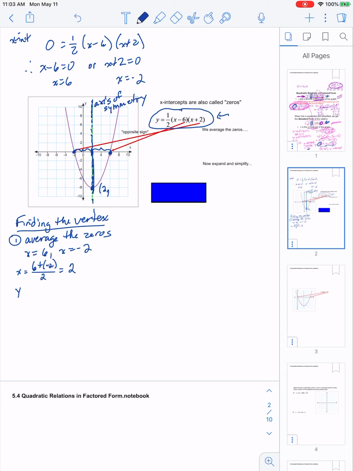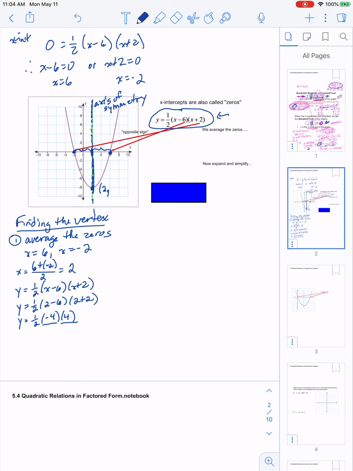So since the equation is y equals 1/2 (x minus 6)(x plus 2), y equals 1/2 (2 minus 6)(2 plus 2), which equals 1/2 times -4 times +4. If you have the right number for the x-coordinate, this kind of thing should always happen, where these two numbers are the same and they are the opposite sign of each other. Okay, so we have 4 and we have -4.